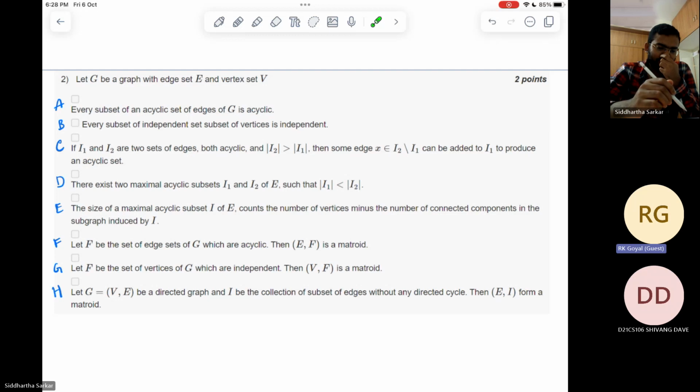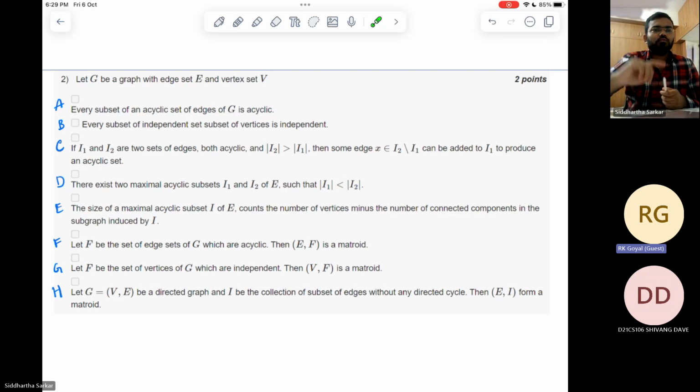So if we consider every subset of, say, a minimum spanning tree or a spanning tree, will that be acyclic? So yes, the answer would be yes.